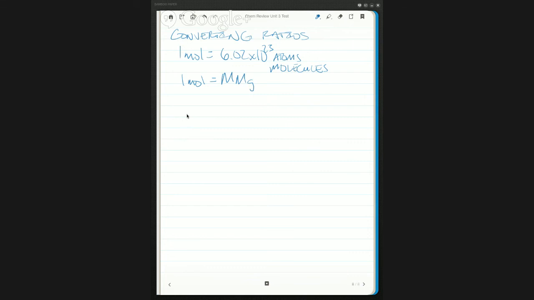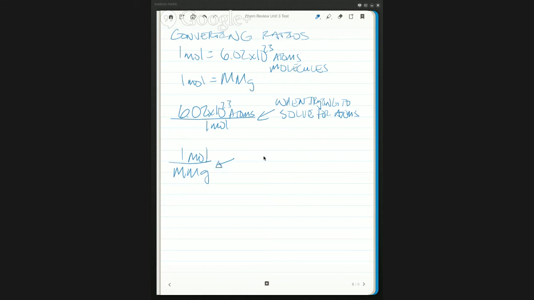And so questions could be, when do you use this conversion factor, 6.02 times 10 to the 23rd atoms over 1 mole? When trying to solve for atoms. When do you use 1 mole over molar mass in grams?